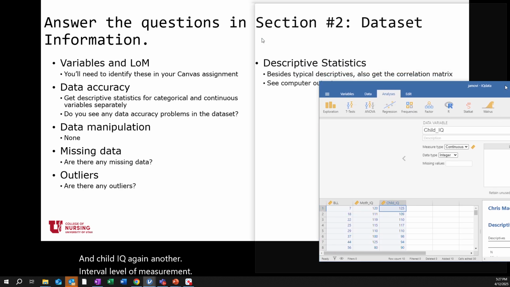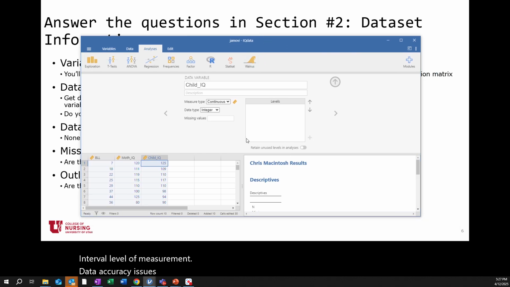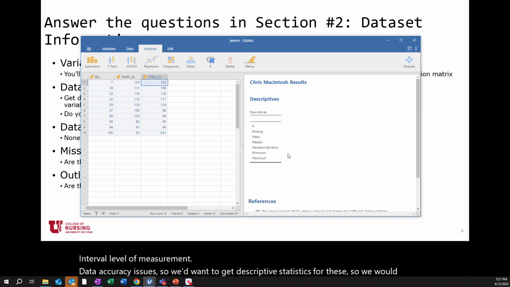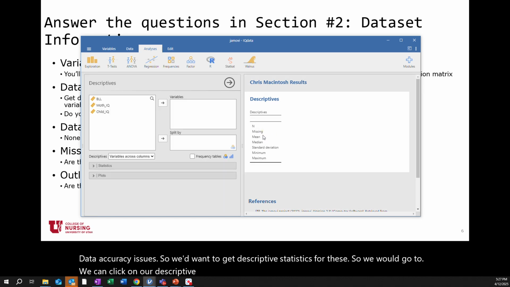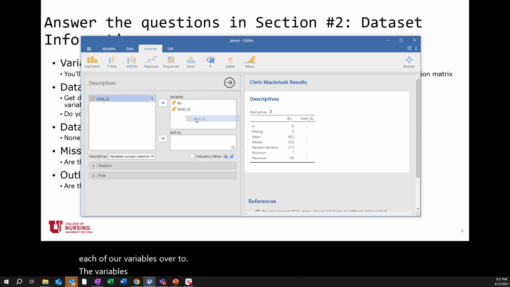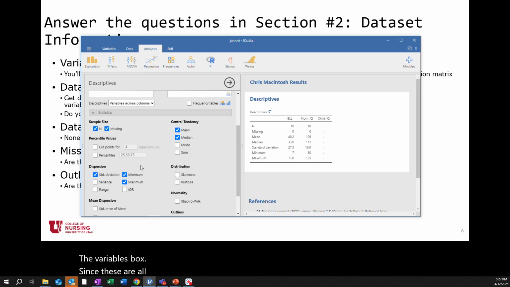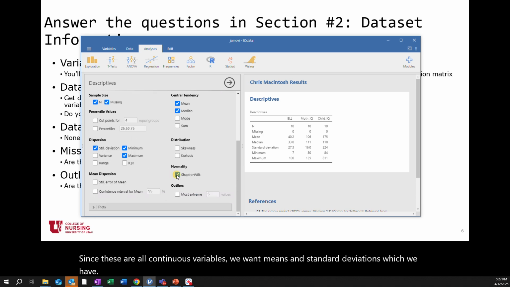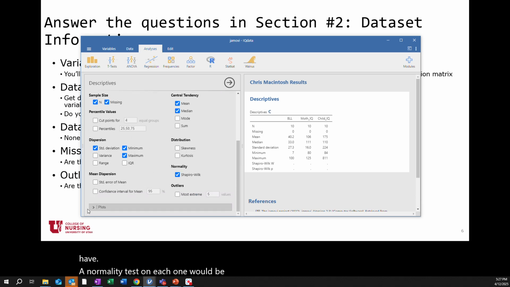Data accuracy issues. We'd want to get descriptive statistics for these. We can click on our descriptives since we already brought a block up, and drag each of our variables over to the variables box. Since these are all continuous variables, we want means and standard deviations, which we have. A normality test on each one would be good, and seeing some plots.